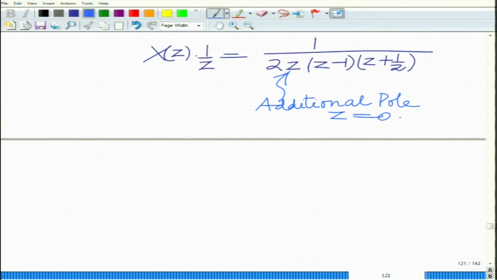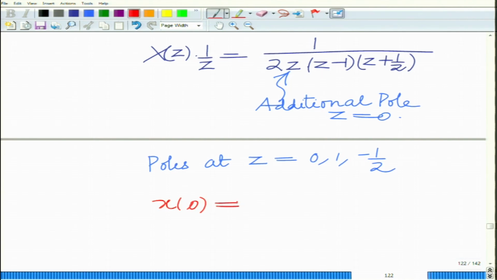Because of that factor, we have an additional pole at z equal to 0, which we have to take into consideration while evaluating the sum of the residues. Therefore, we have poles at z equal to 0, 1, minus half.